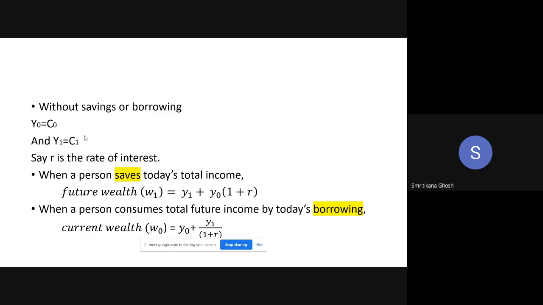But here, the theory is allowing savings or borrowing. And if there is a saving and borrowing option, there must be some interest rate, right? So say the interest rate is R. Now look, generally the saving interest rate is different from the borrowing interest rate. Generally the saving interest rate is lower than the borrowing interest rate. When you are going to borrow from the bank, the interest rate is quite high.